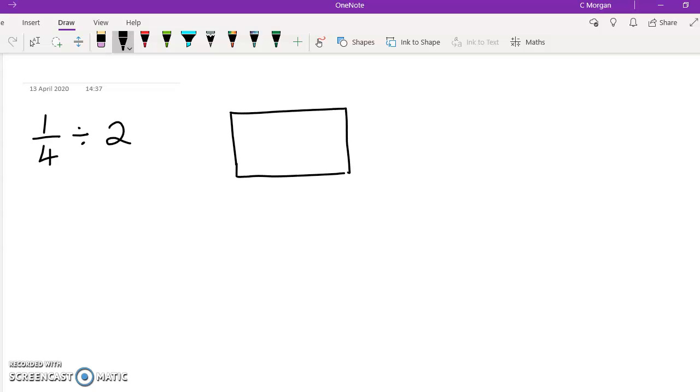And I'm going to draw my bar of chocolate split into 4 pieces, where each piece represents 1/4. Now what I've been asked to do is divide 1/4 into 2 pieces, which I'm going to do. But because I can see 1/4 4 times, I'm going to split each 1/4 into 2 pieces.